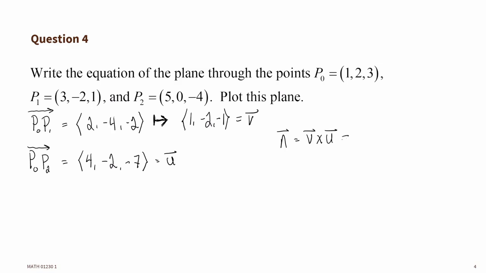N is V cross U or U cross V. And what are we going to get? -14 minus 2. -7.